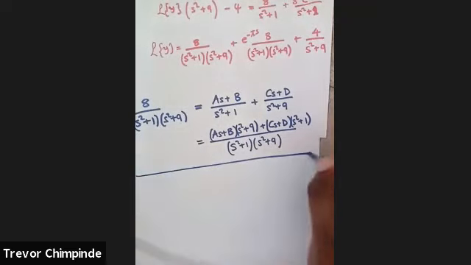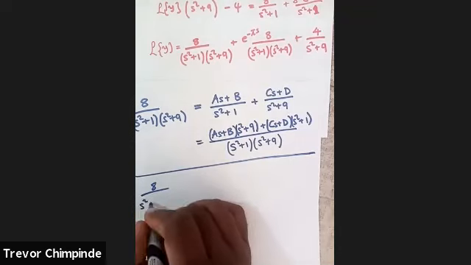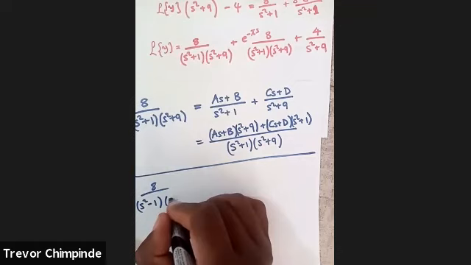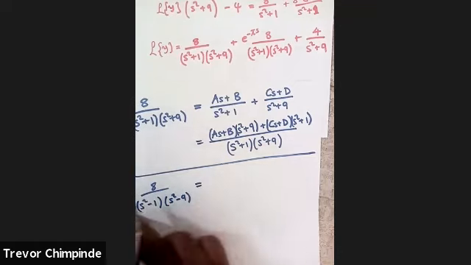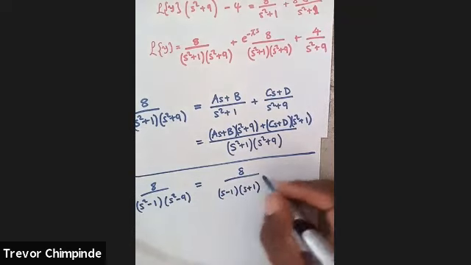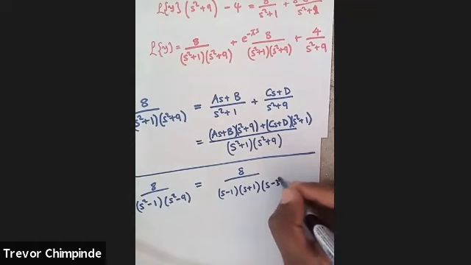To move away a bit, if I had something like 8 over (s squared minus 1)(s squared minus 9), then I know I can factorize this. So this is the same as 8 over (s minus 1)(s plus 1)(s minus 3)(s plus 3).